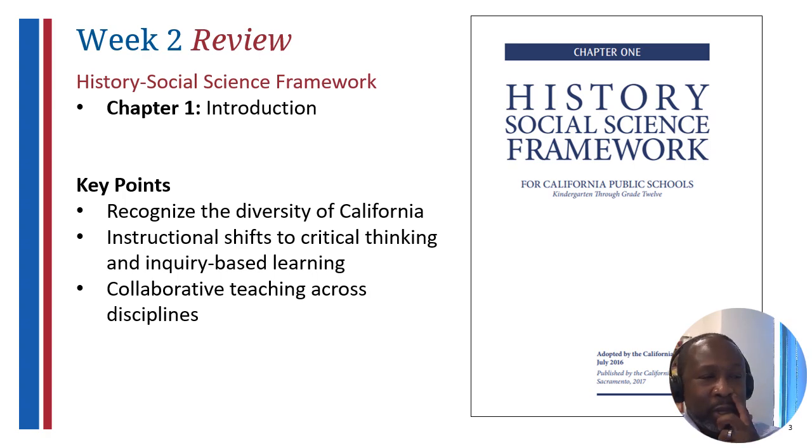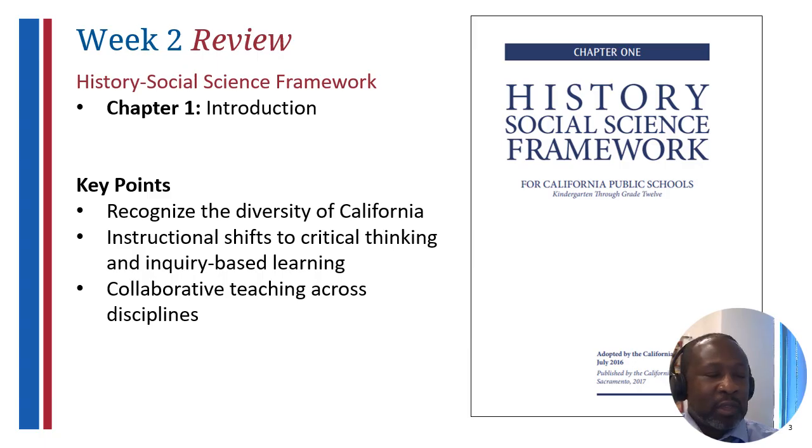So Chapter 1 introduced us to the framework and really set the stage for what the History Social Science Framework meant for us, not only in elementary, but all the way through secondary.